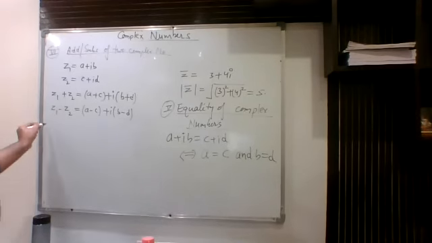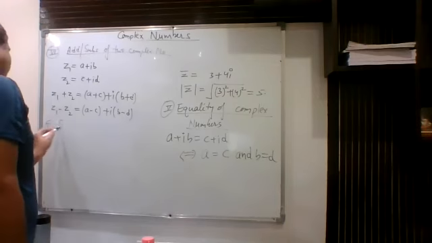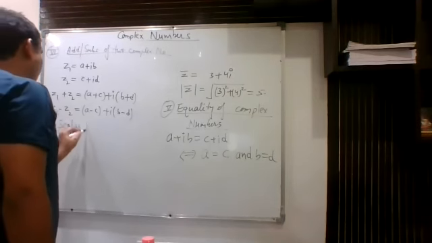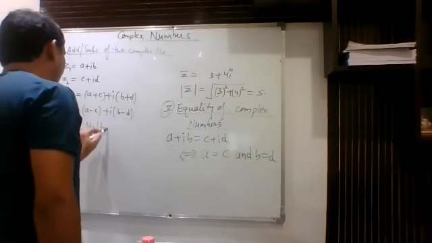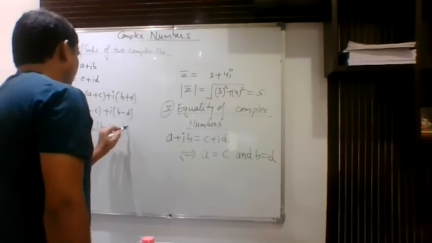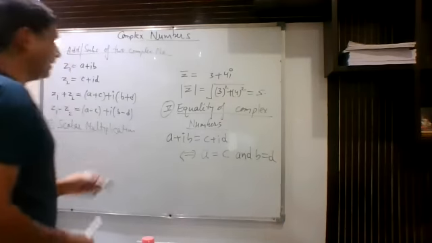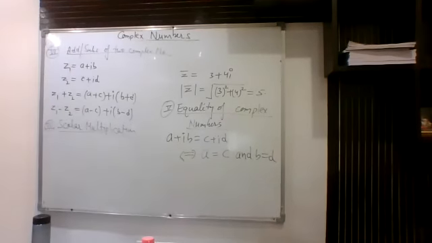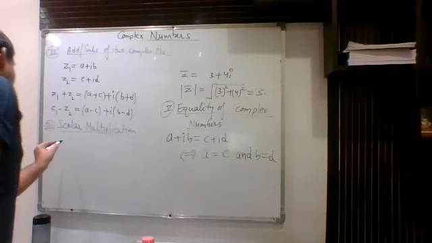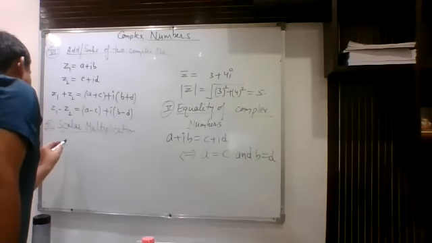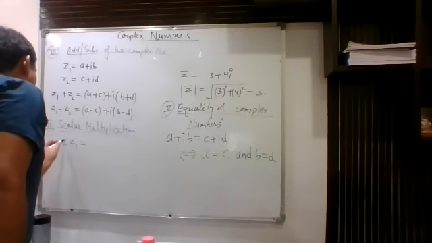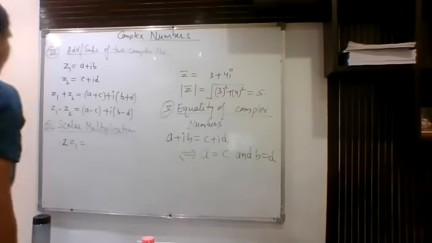Now next is scalar multiplication. Scalar multiplication means if you want to perform 2 times of Z1, this 2 is treated as a scalar quantity.